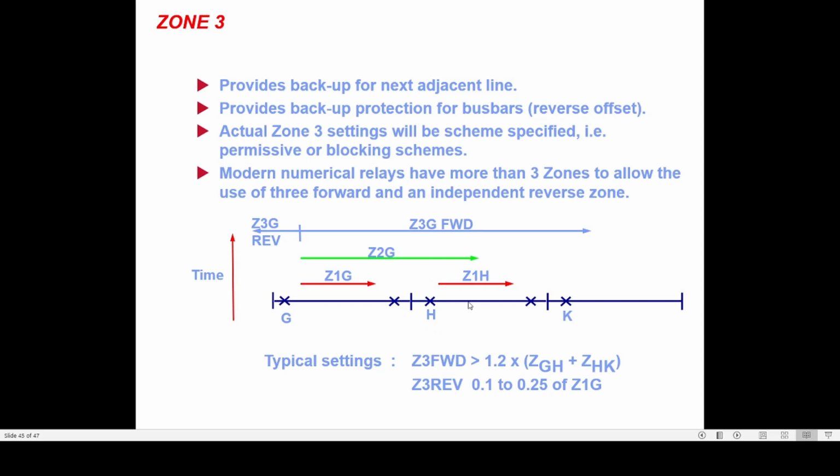That means 200 plus 50 to 60. That means if you are assuming it is, suppose, 60 milliseconds, so 260 milliseconds is the minimum time of operation of clearance of fault from substation H if zone 1 fails to operate and the circuit breaker also fails to operate. Then only after 260 milliseconds this relay at G should operate.